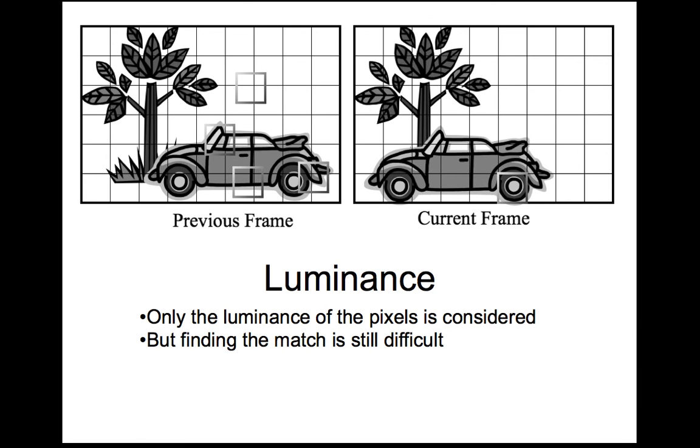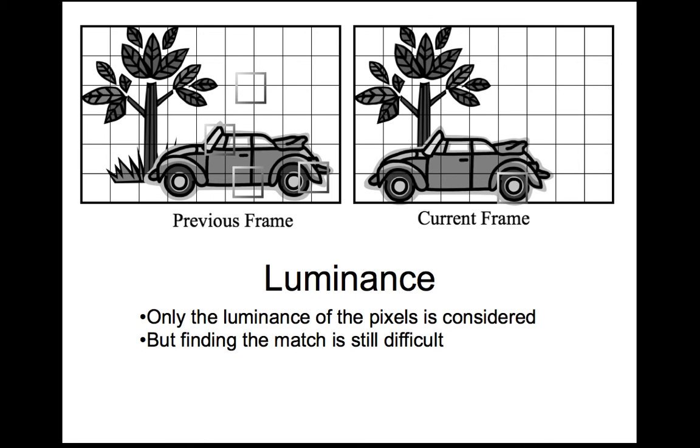So I'm going to talk now about how this is done and the algorithms that are used to make this more efficient. First of all, it's only done with the luminance. So it separates out the luminance and the chrominance and only considers the lightness and darkness of the pixels. But it's still a very difficult thing to do.